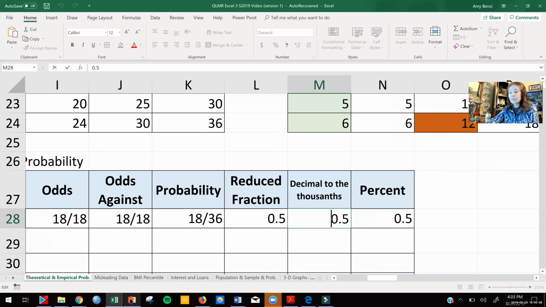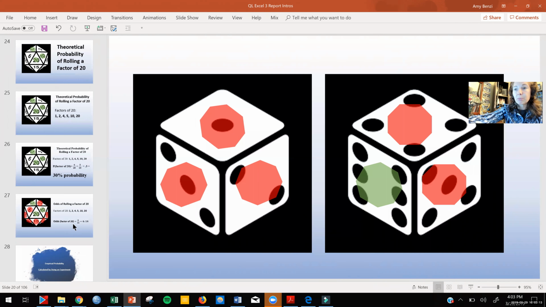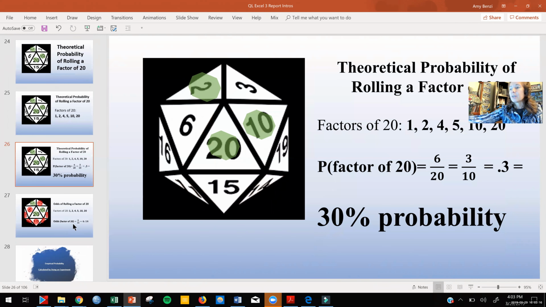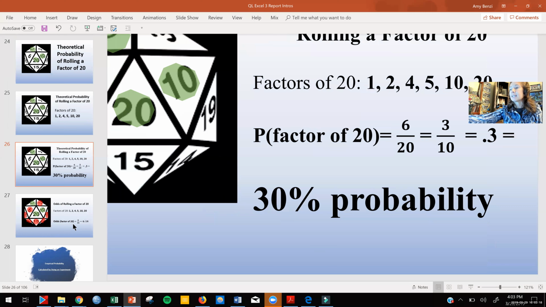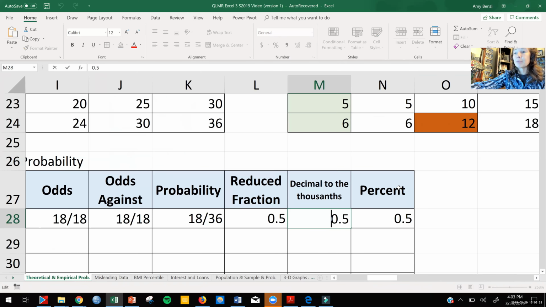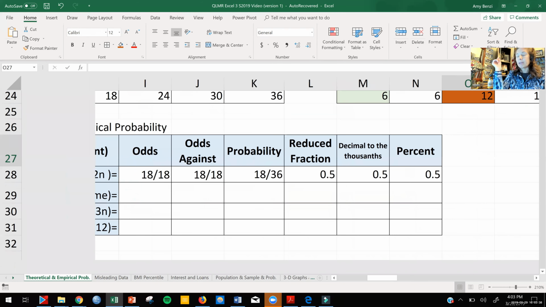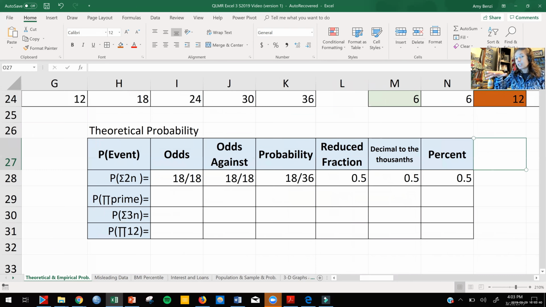If you remember back on the PowerPoint slide, we reported the probability as a fraction, 6 over 20, a reduced fraction, a decimal, and then our percentage. So all of those values are equal. You see the equal sign there? So I'm just going to leave them for now, because I can do a lot more copy and paste and then come back at the very end and change them. So you'll see how that's going to roll out.